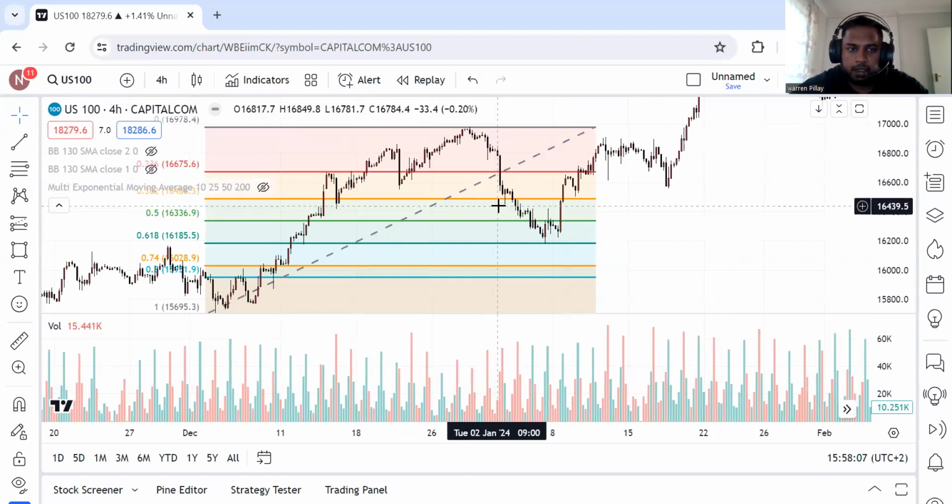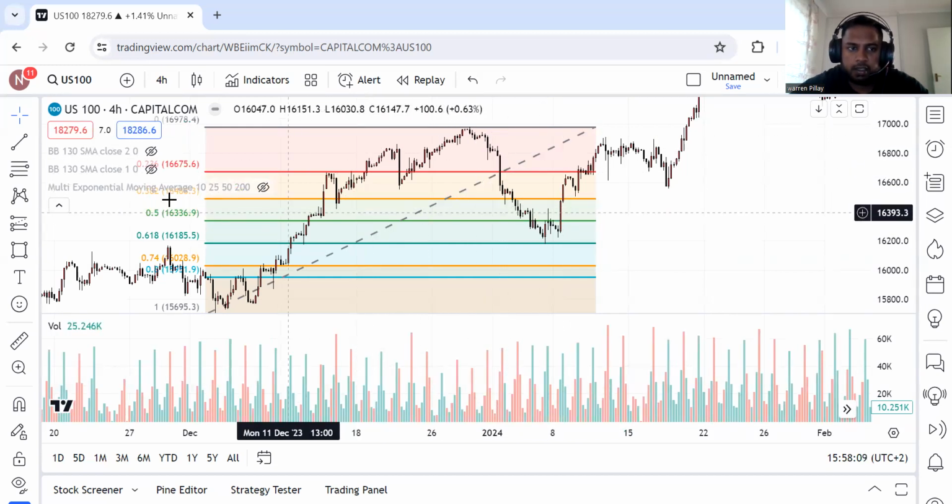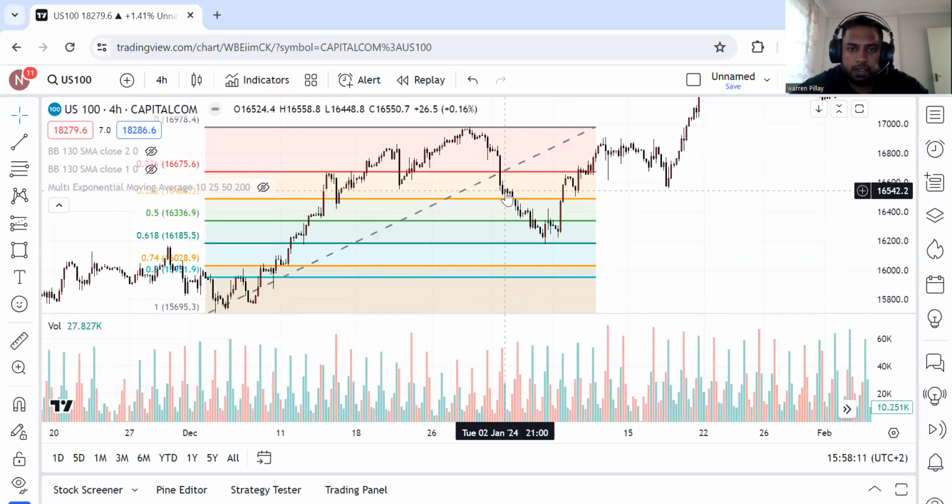Another level it respected was the 0.382, and then it finally broke through. It respected around the 0.5, just a little bit, but the main level it respected is 0.618 before it did the reversal.